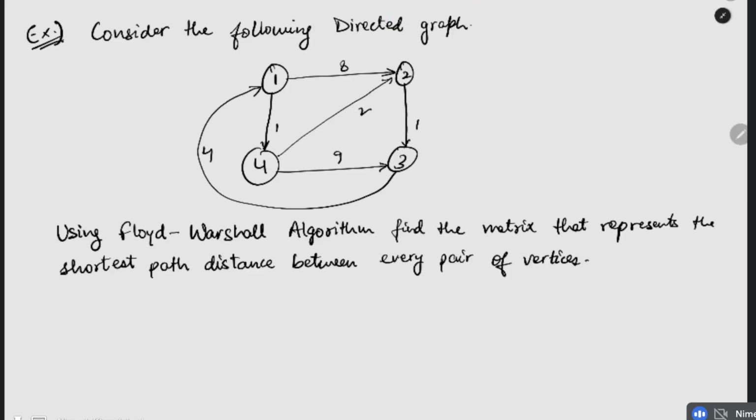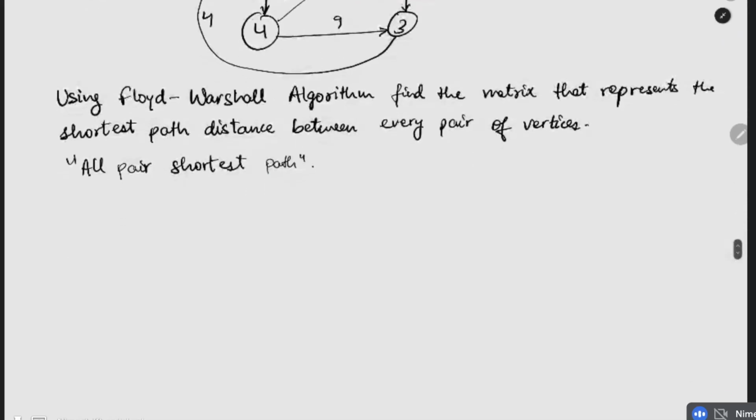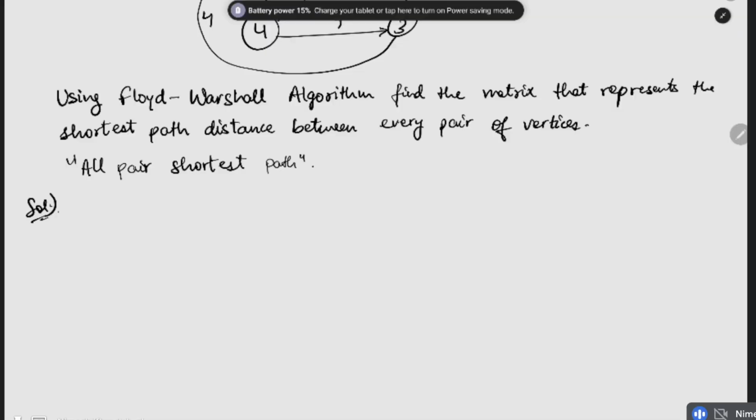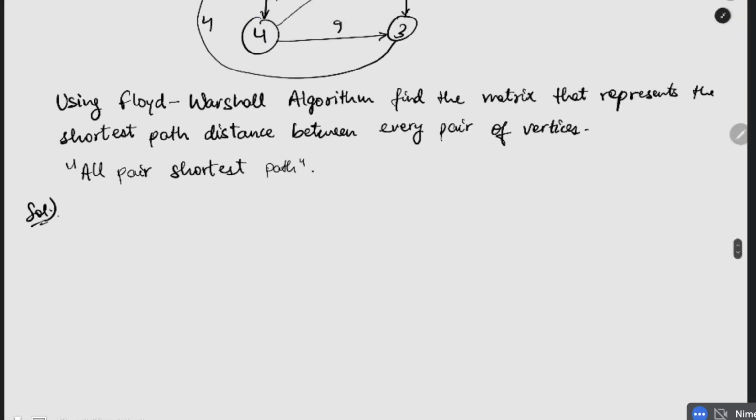Formally, I think in the lecture notes, it's called the all pairs shortest path. So let's try to solve it. And before solving it, since we have been told to use Floyd-Warshall's algorithm, we will revisit Floyd-Warshall's algorithm.